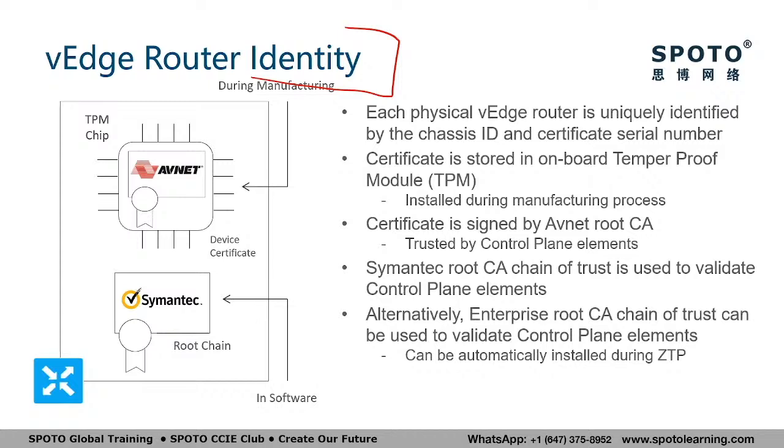Let's have a look at the first one, the vEdge router identity. What is vEdge router identity? The physical vEdge router is uniquely identified by the chassis ID and the certificate serial number, which is stored in the onboard tamper-proof module, the TPM.